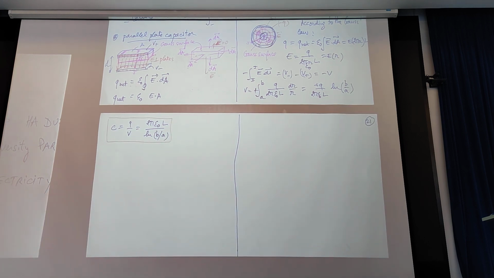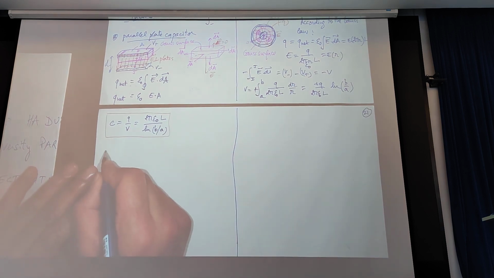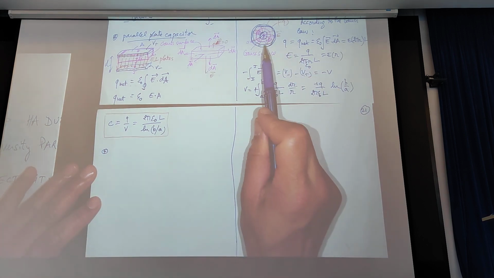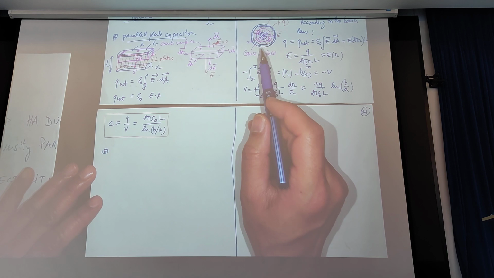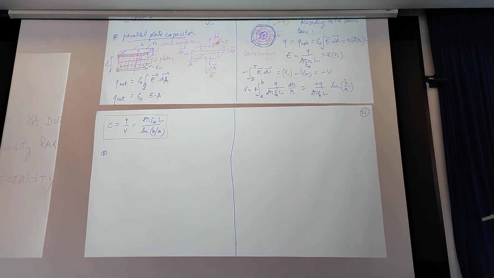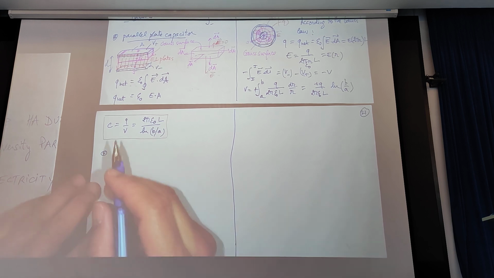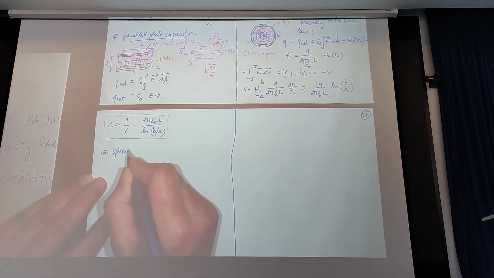Are you convinced now? Okay, so let's also, just because this figure could be also the figure of a capacitor made of 2 spheres. Okay? So now we can talk about spherical capacitors.